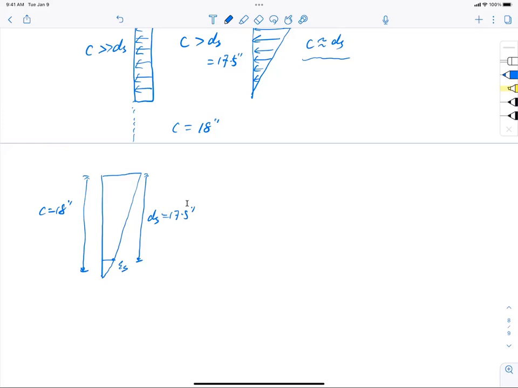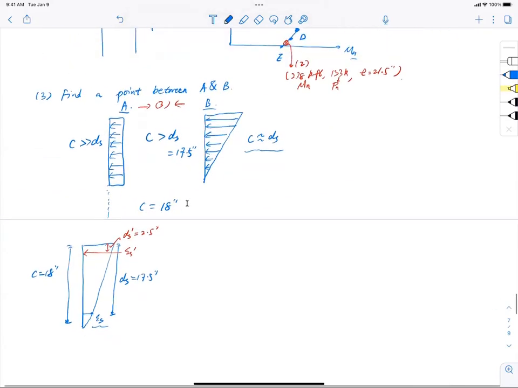Be careful, okay? But before we do that, let's go back and look at the real compressive strain in the steel on the top. This is epsilon s prime, and ds prime here equals 2.5 inch. So now carry on, with all these assumptions, I'm assuming that c is 18 inches.